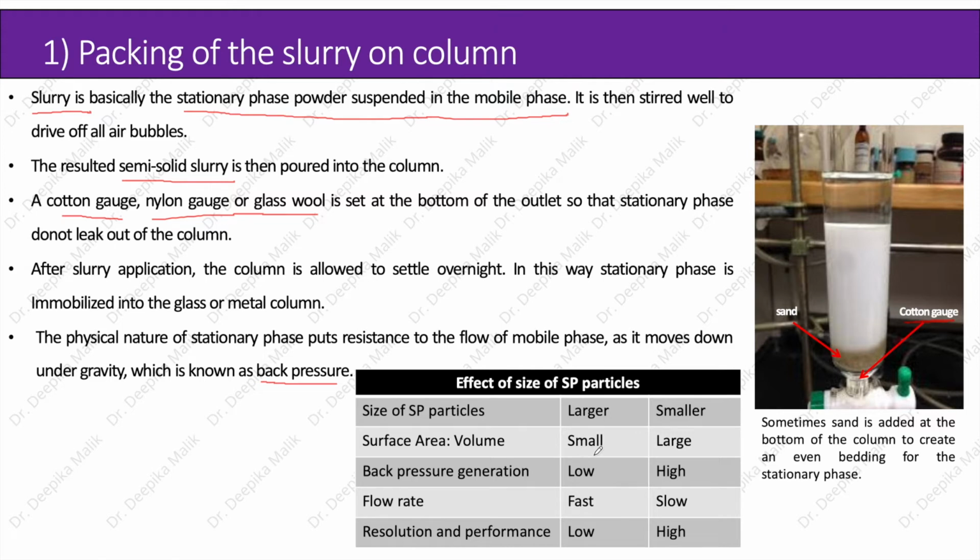Back pressure generation will be low, so the flow rate will be fast and therefore the resolution and performance will be low. Whereas if the size of the stationary phase particles is small, the surface area to volume ratio will be large, back pressure generation will be high and therefore the flow rate will be slow, and this will give a high resolution and performance. So the more the resistance by back pressure, the more the resolution.